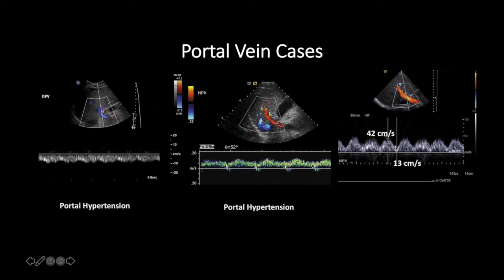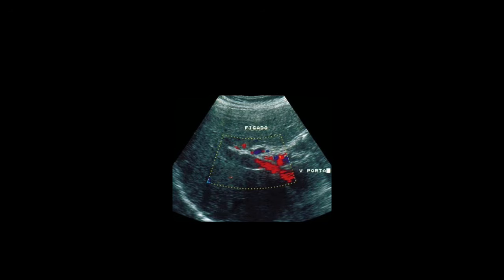Here it's way over 15, so I've labeled the top here, which is 42, and the bottom here, which is about 13. So the difference between those is 29, so it's very pulsatile flow. And most commonly you're going to see that with a cardiac cause, and here it happened to be tricuspid regurgitation.